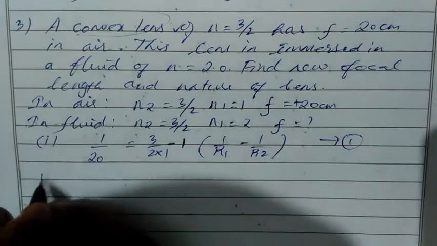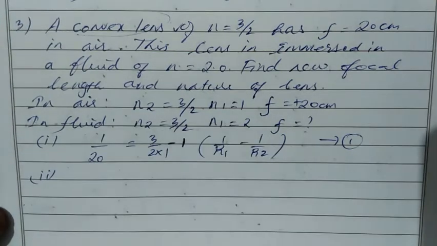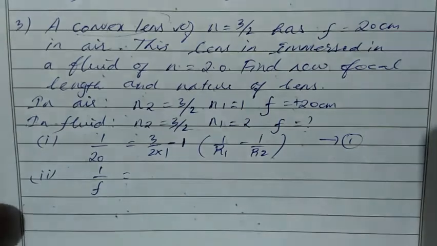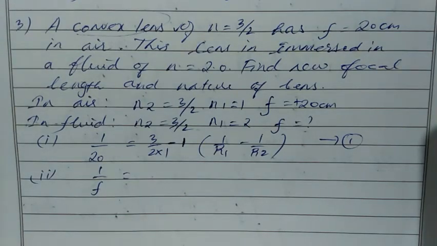Then in fluid, which has refractive index 2, we have to calculate 1 by F. We don't know the focal length, we have to calculate the focal length. 1 by F equal to (N2 minus N1) divided by N1, or we can say N2 by N1 minus 1. So what is N2?